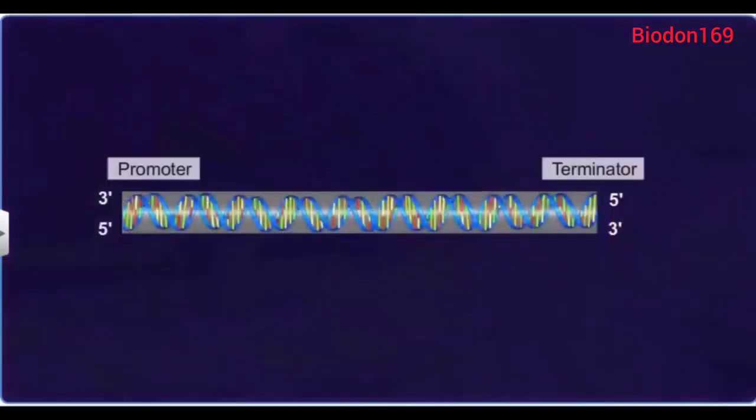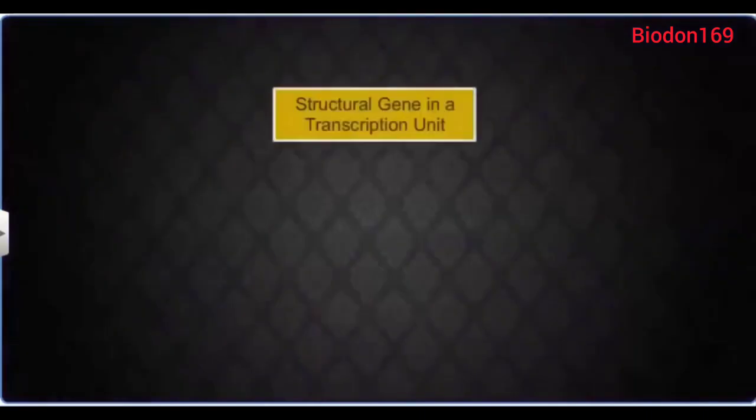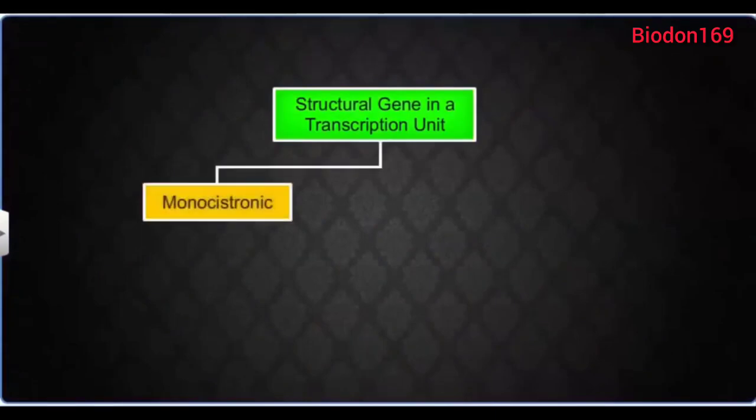The structural gene can be defined in terms of a cistron or segment of DNA that codes for a polypeptide. The structural gene in a transcription unit can be either monocistronic or polycistronic.